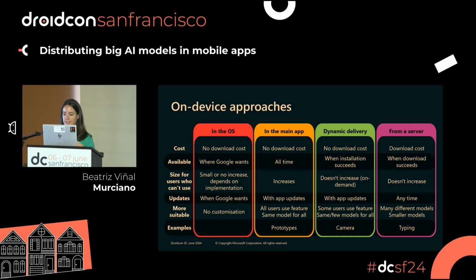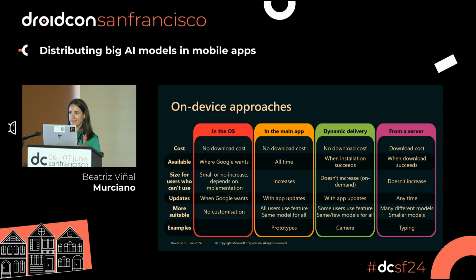So summarizing all of the on-device approaches and our rules of thumb, if you can use Gemini Nano, it's probably the best option and the least work for you, but its availability is very limited at the moment, and I haven't tried it, so explore it. If you have your own model and you have to do something with it, which is where it gets interesting, the easiest option is to put it directly into the main app.